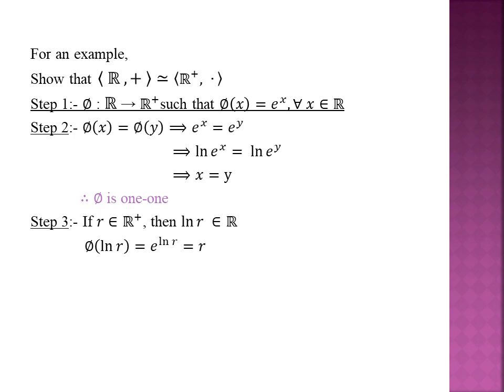E raised to log r is r itself. So we get phi of log r equals r. Therefore, phi is onto R plus.